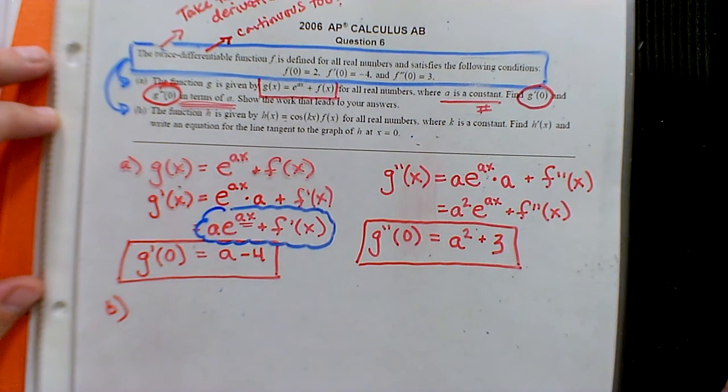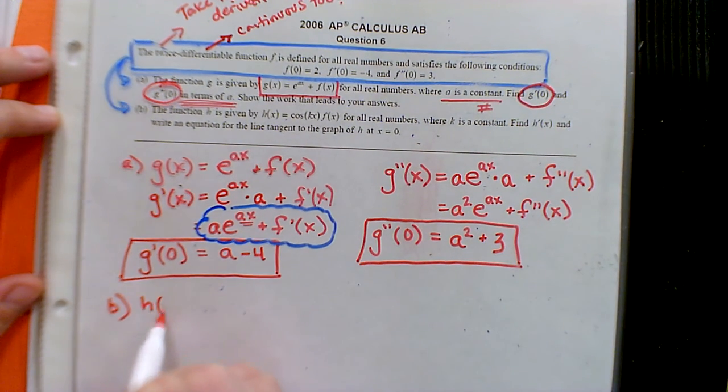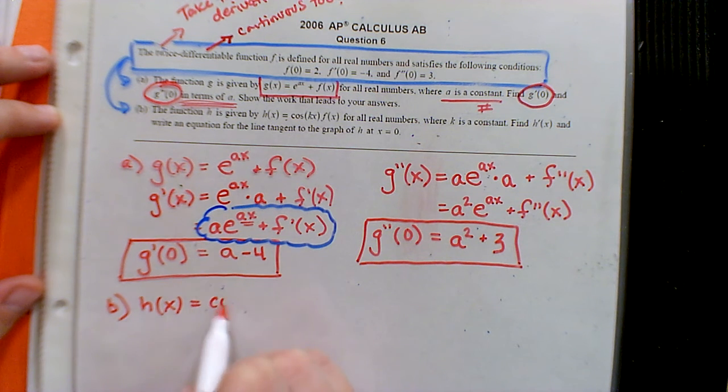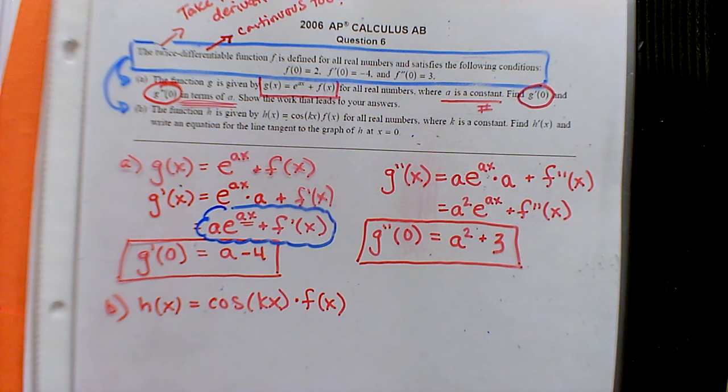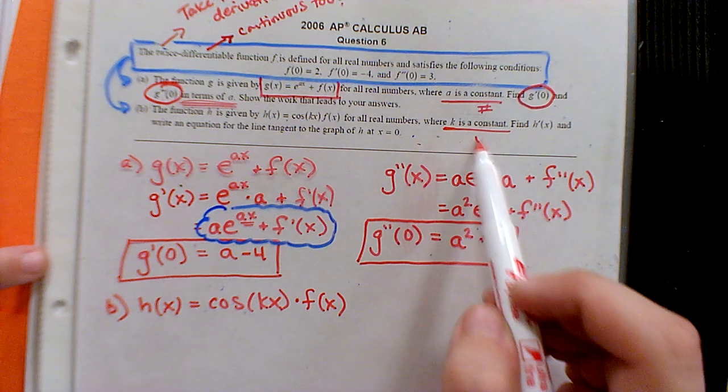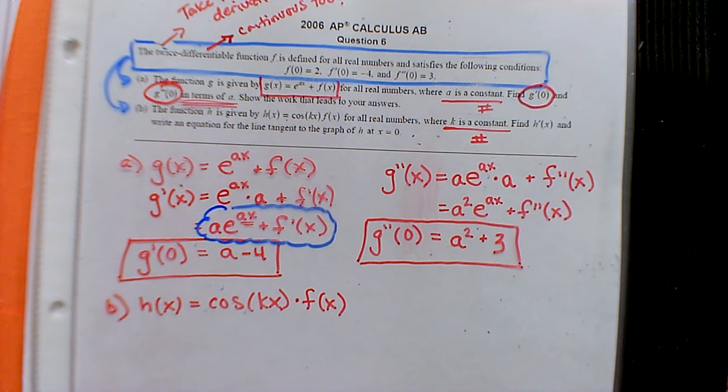The function h is defined by cosine of kx times f of x. I know the little dot's not there, but if you were to read it, that's how you would say it. This time k is a constant, meaning a number.